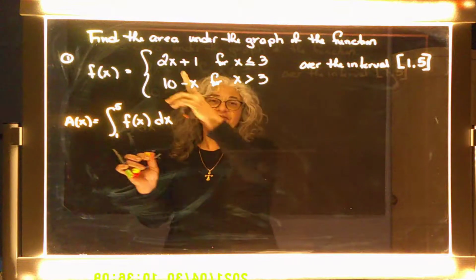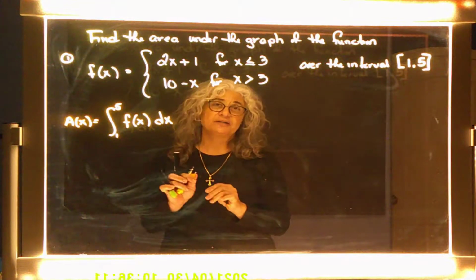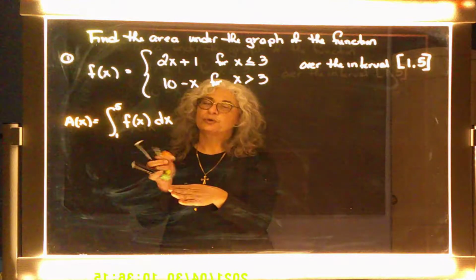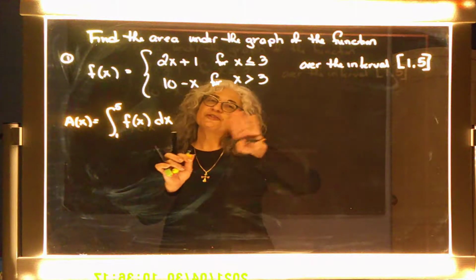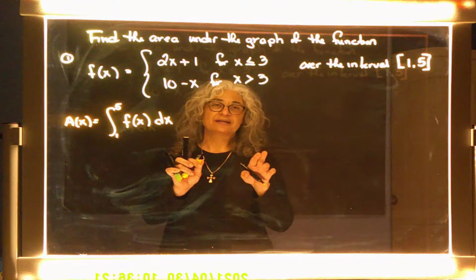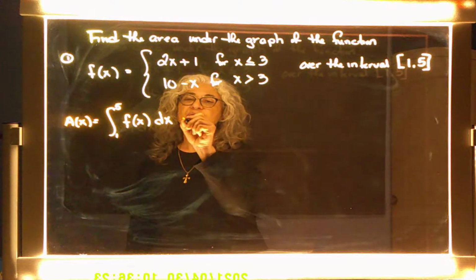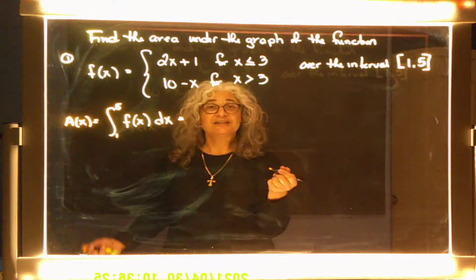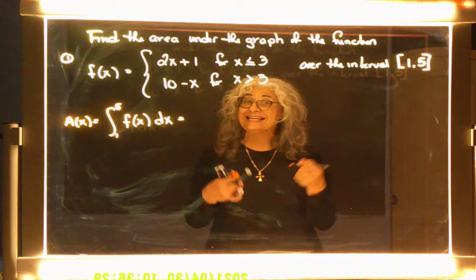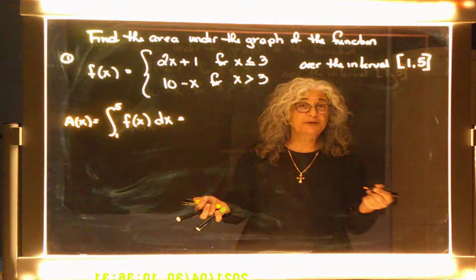I'm noticing that the first piece, 2x plus 1, is only allowed to be used for numbers less than or equal to 3. The other piece is allowed to be used for x's that are greater than 3. So here's what I'm seeing. I am going to have to anti-differentiate in this case 2 pieces.